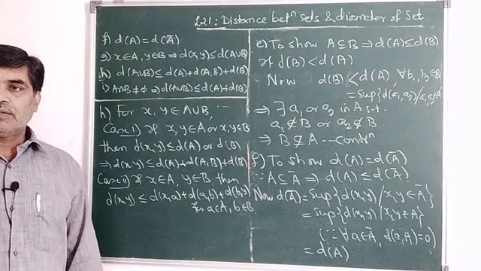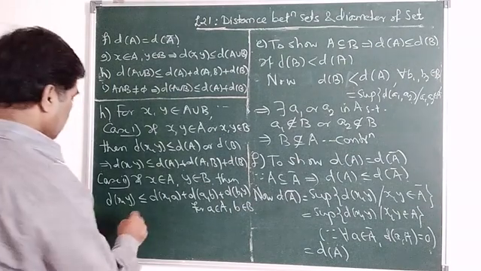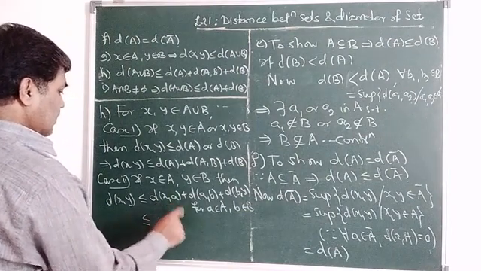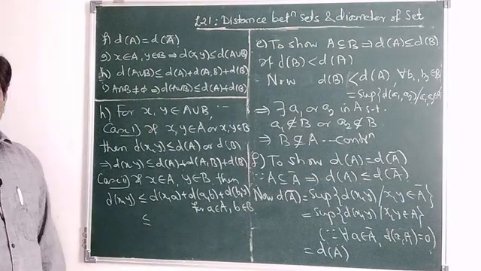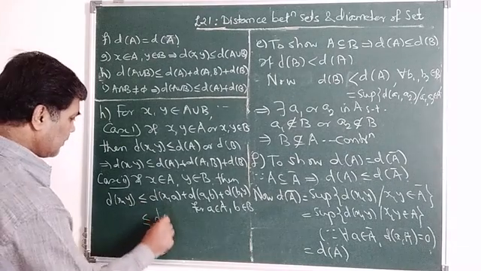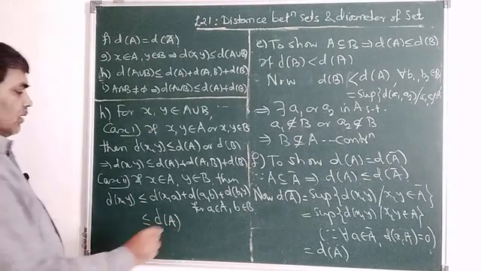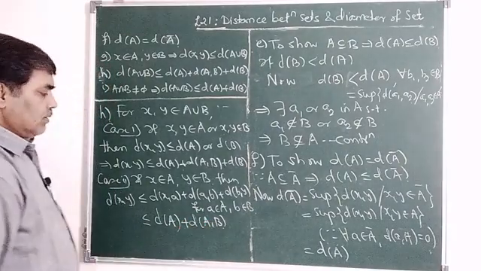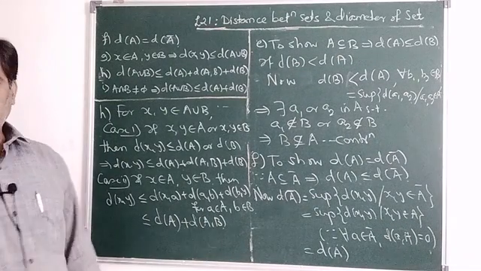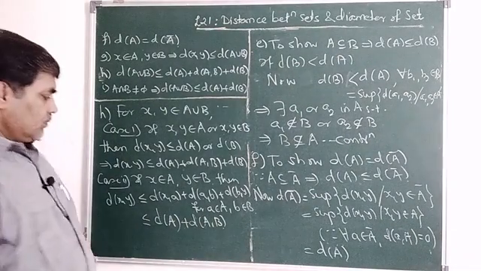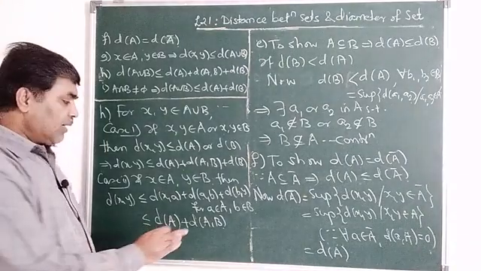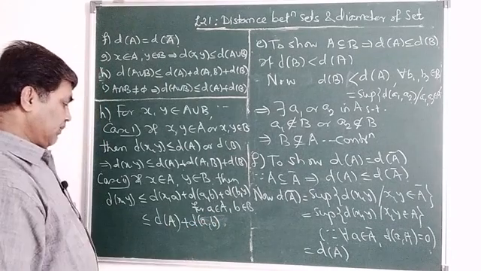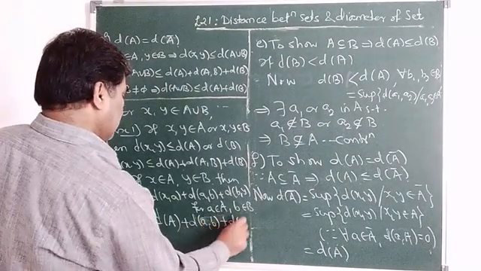This is possible, right? This is less than or equal to the diameter of A plus the distance between A and B, whatever those two points may be, plus the diameter of B.